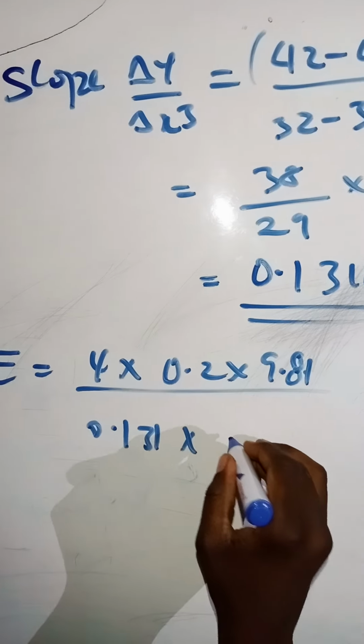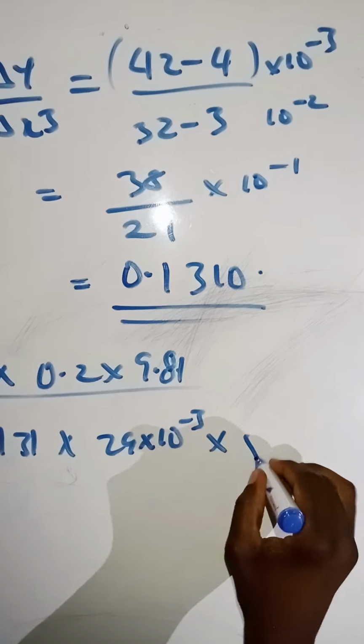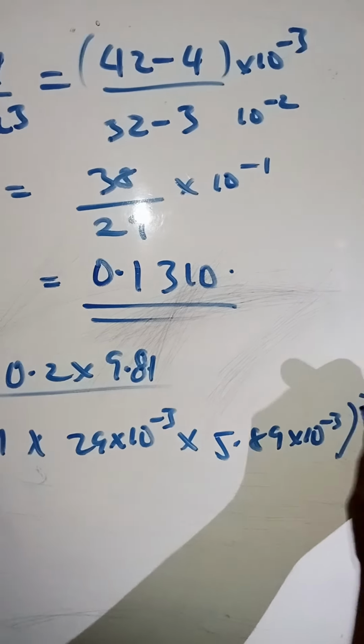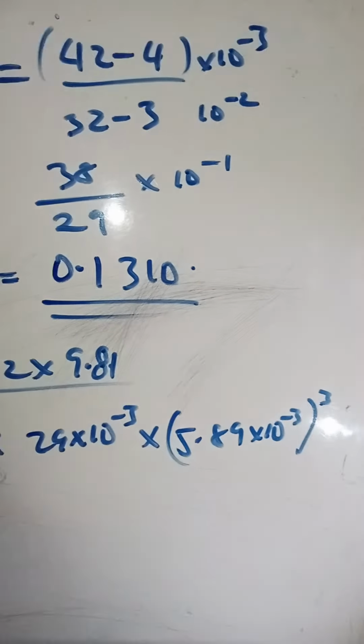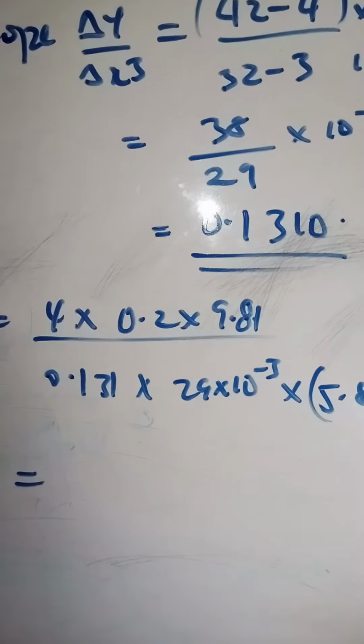Our b, we got it as 29 times 10 raised to the power minus 3, times our d. Our d, which is the thickness, is 5.89 times 10 raised to the power minus 3, all to the power of minus 3.